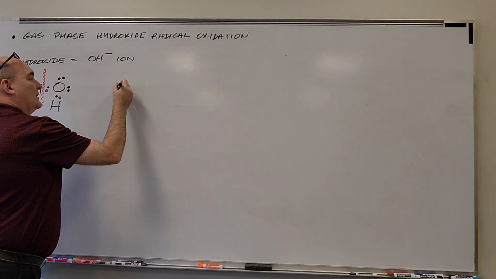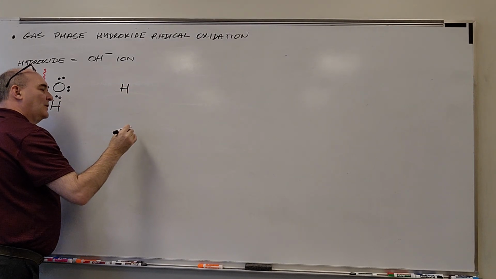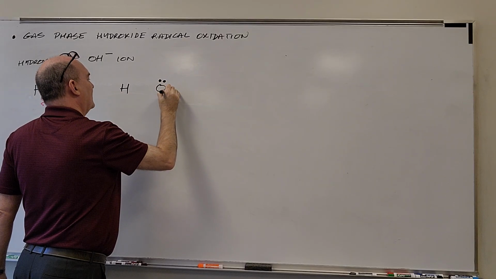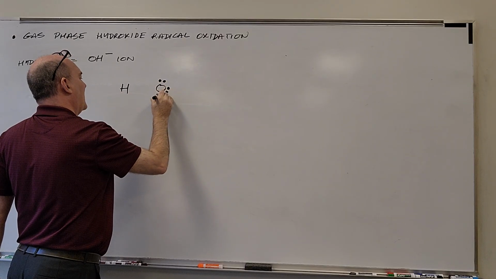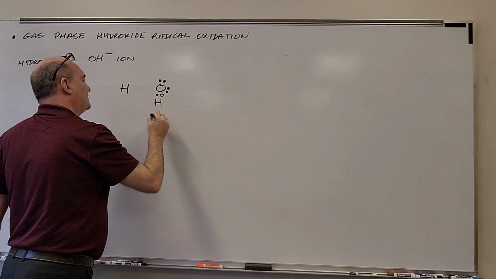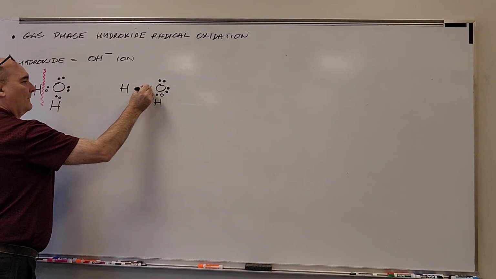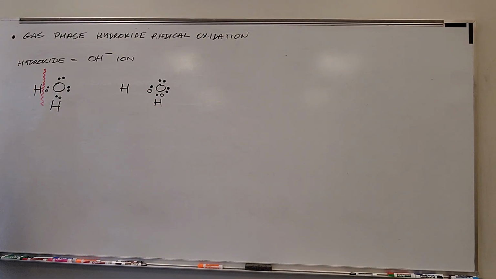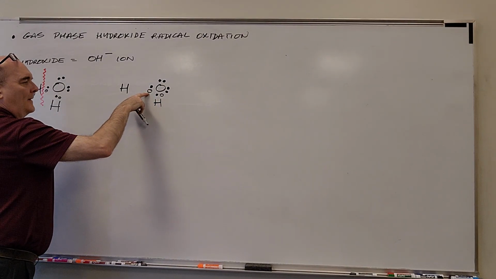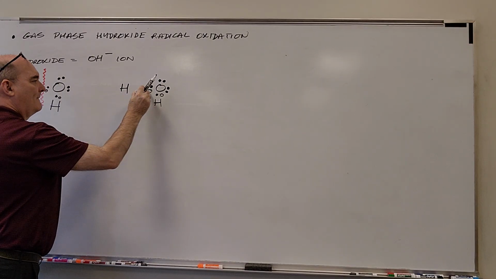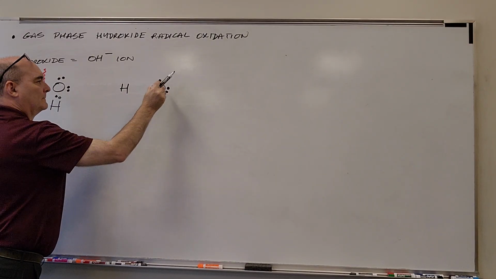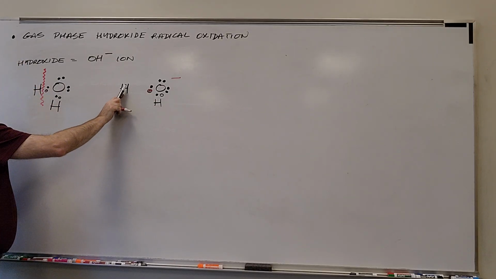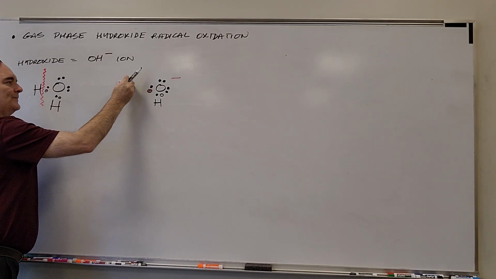So the hydrogen leaves without any electrons, and the oxygen leaves with all the electrons that it had, plus the ones that it was using to bond, plus one that belonged to the hydrogen. That one right there, this one, makes this have a negative charge. That electron used to belong to this hydrogen atom.